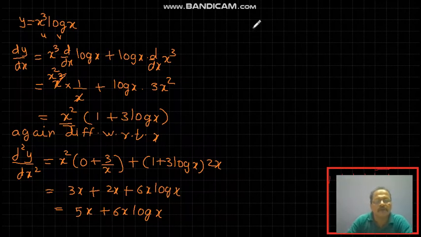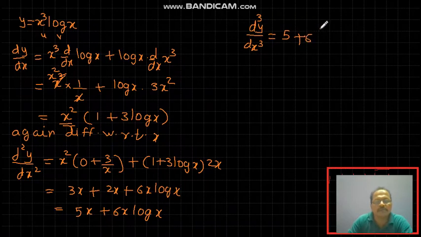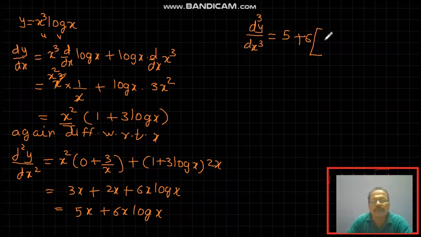The third derivative I am going to find out, d3y by dx cube equal to 5x, the derivative is 5, plus 6x log x, 6 is constant kept outside, x log x, use product rule uv, x into derivative of log x is 1 by x plus log x into derivative of x is 1.